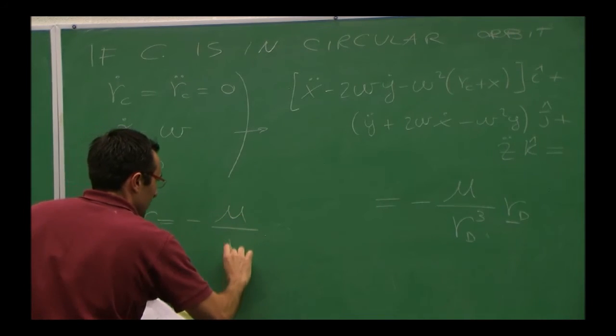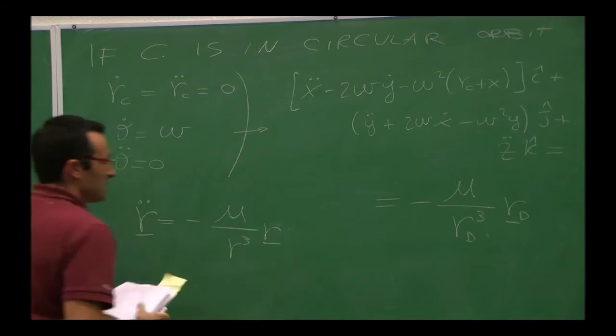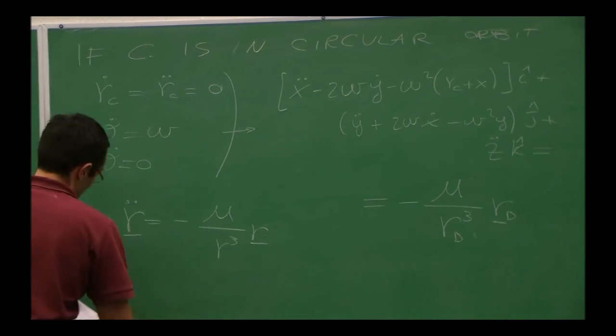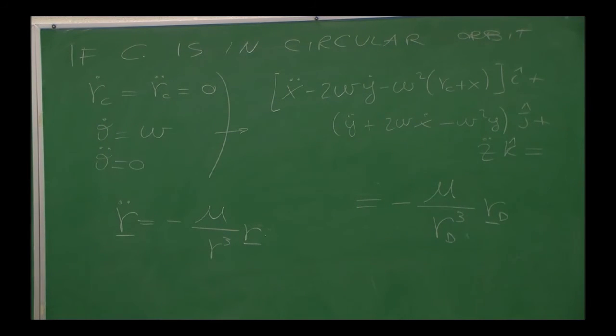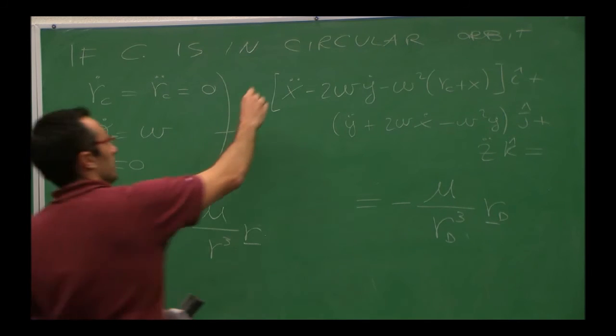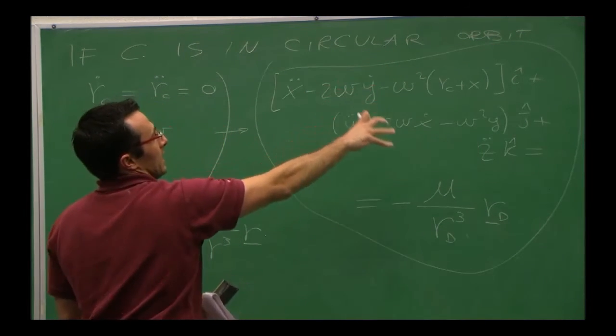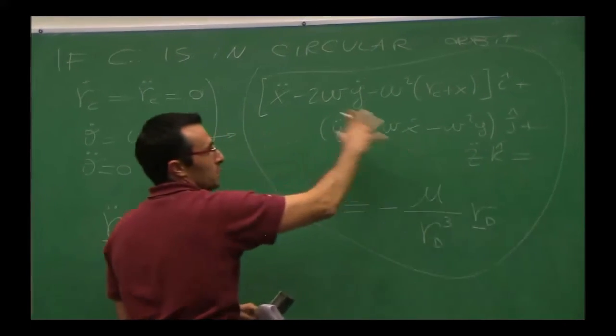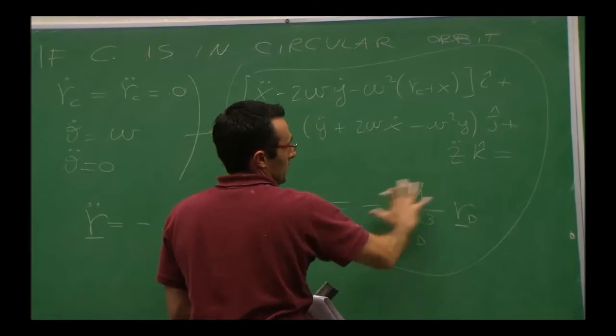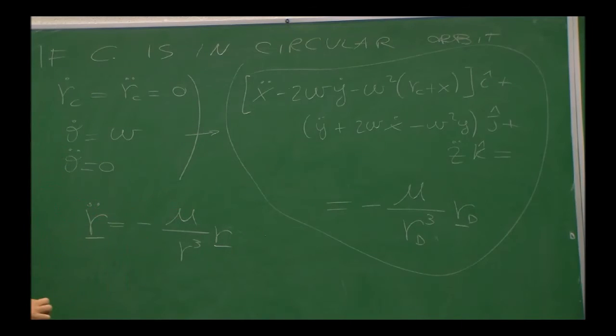It is just that I have used a basis that is non-inertial because it is convenient, believe me. It's very convenient. But that's what I'm writing. This equality here, this vector up here, is nothing else than RD double dot simplified with the assumption on the chief's orbit, and that's what you're looking at.